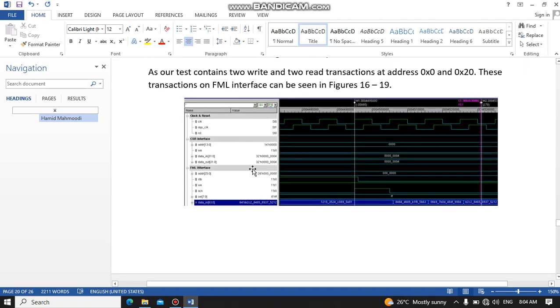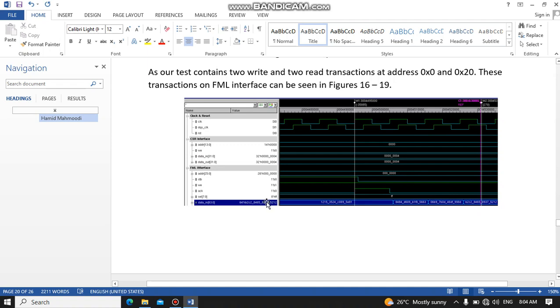As you can see, in the FML interface the address is 0 and the data we are writing is the first double word, second double word, third double word, and fourth double word. This is the data being written.